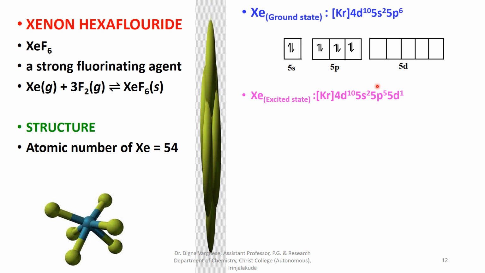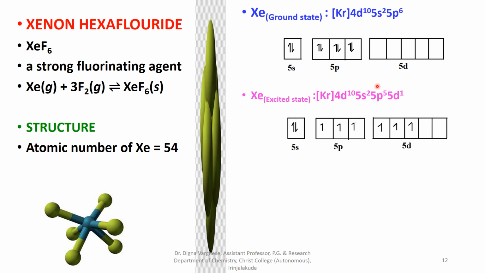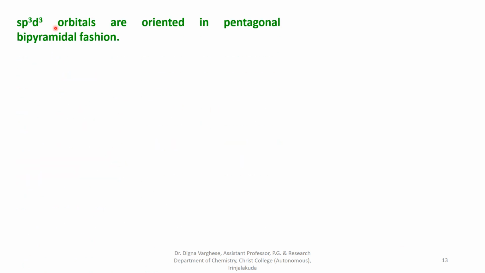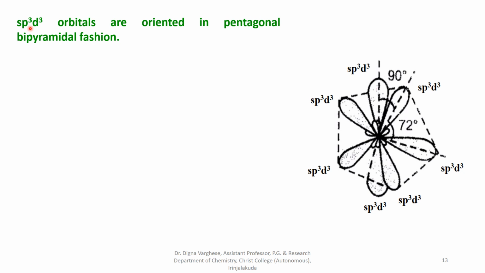So the excitation of electrons gives 5s2, 5p3, 5d3, and these orbitals undergo hybridization giving sp3d3 hybrid orbitals. There are 7 hybrid orbitals. The sp3d3 hybrid orbitals are oriented in a pentagonal bipyramidal fashion.